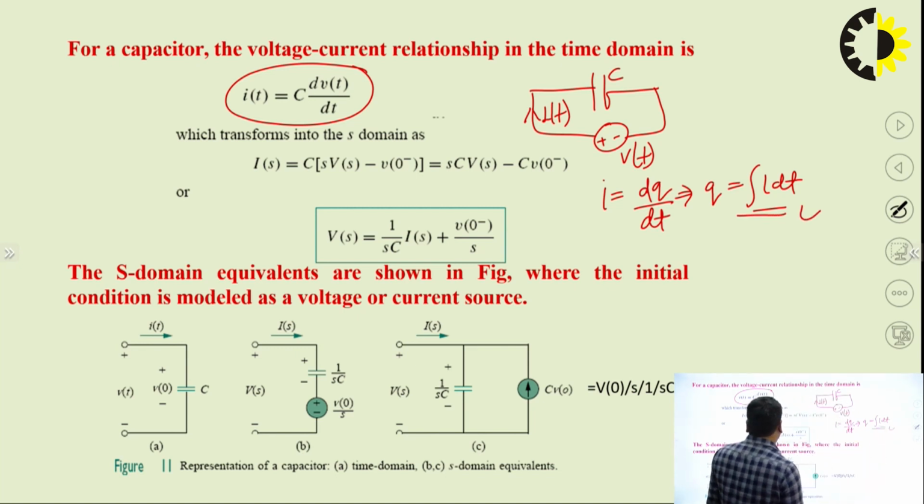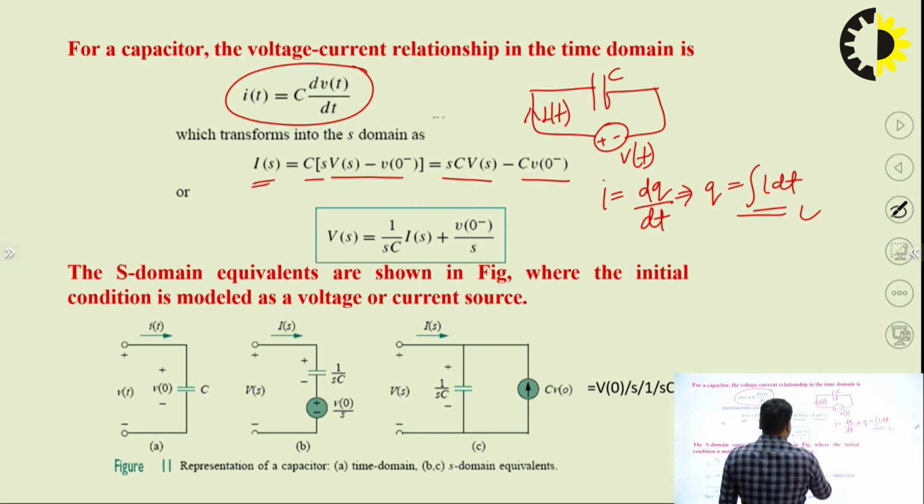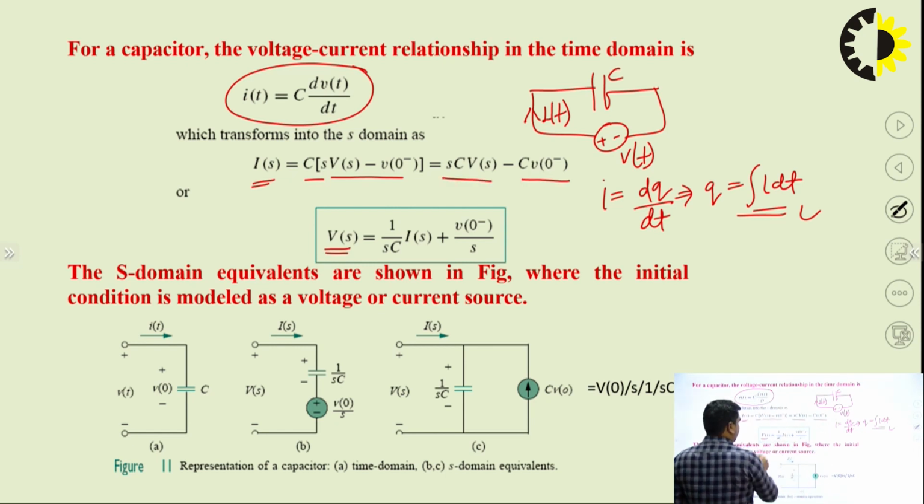But we don't need to do that. Here it is I(s) equals C[sV(s) minus v(0-)], and if we rearrange, taking it in the form of a voltage source, V(s) equals 1/(sC) I(s) plus v(0-)/s.